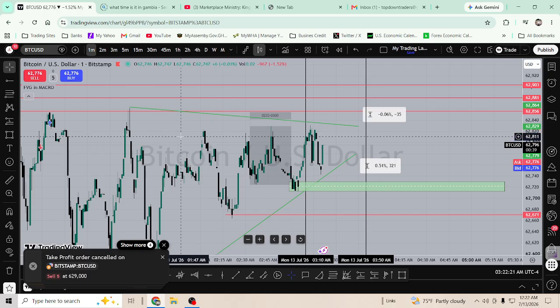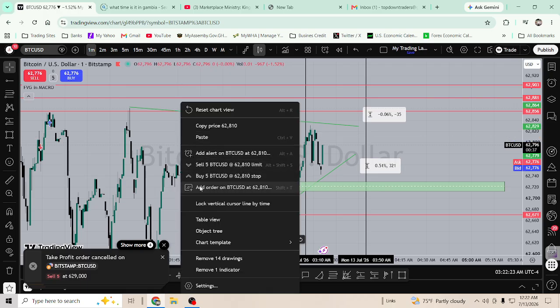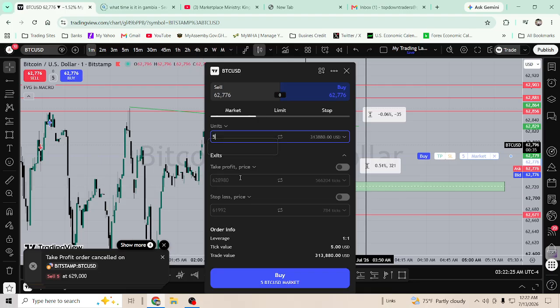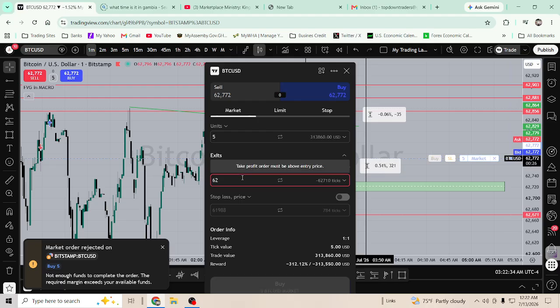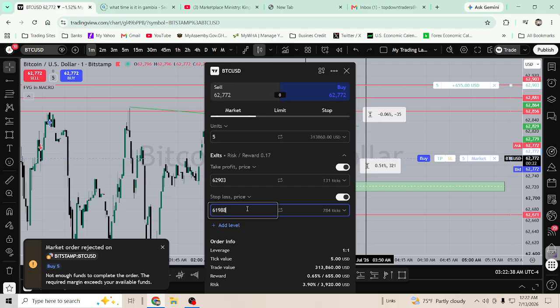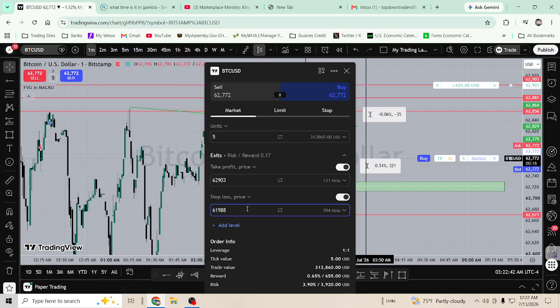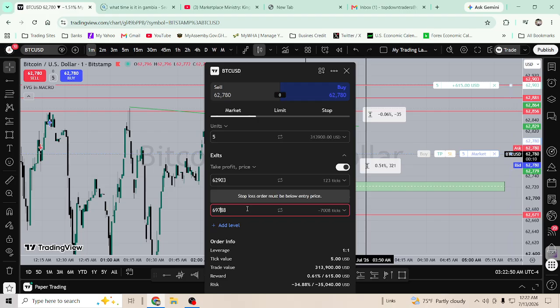What? Why is this thing tripping? 62,903. Stop loss 750.